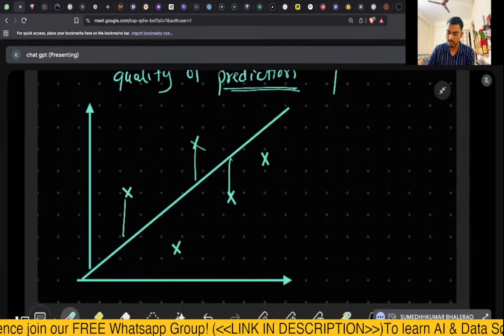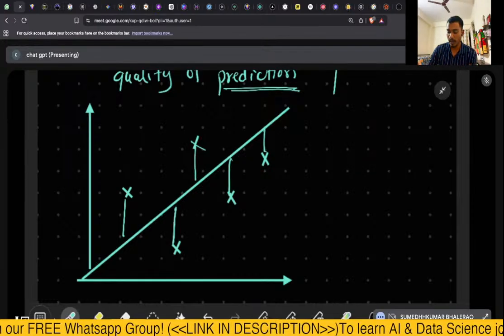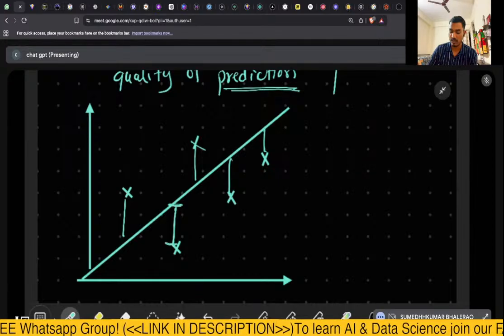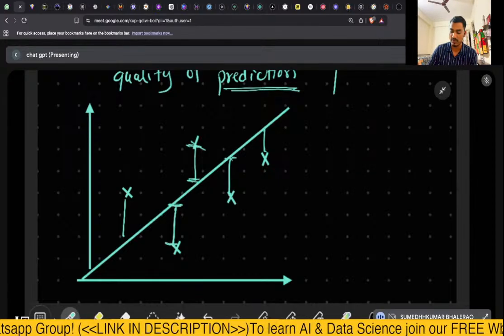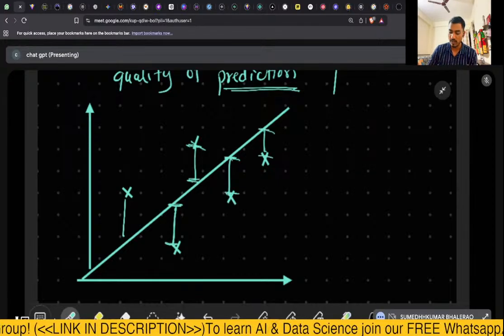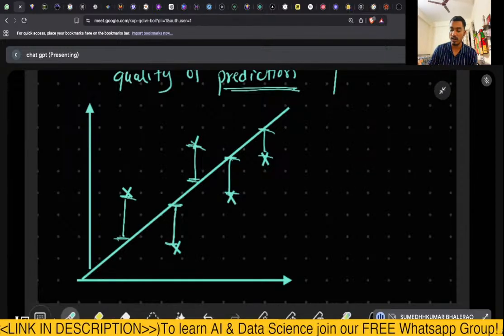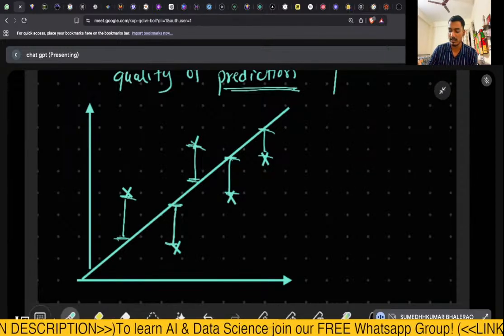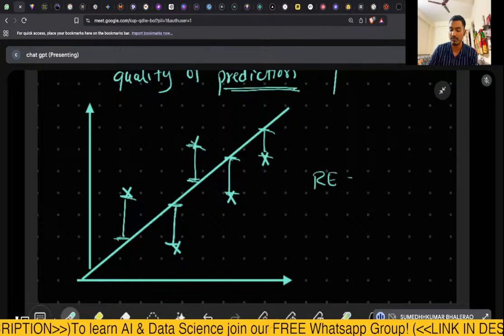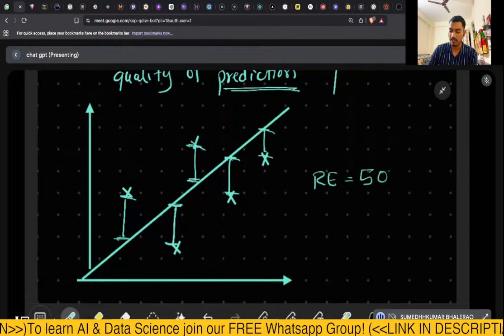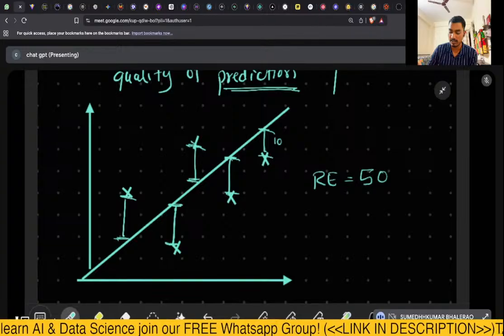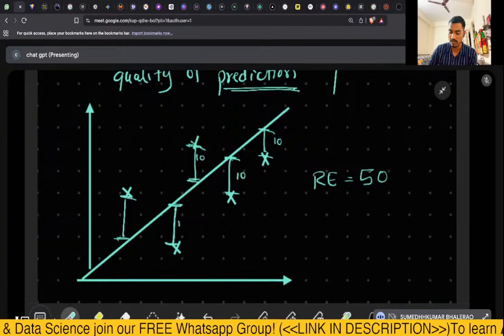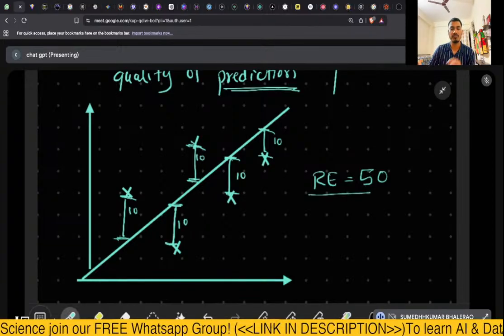If you add all these distances, the residual error equals, for example, 50. Let's say this is 10, this is 10, this is 10, this is 10, this is 10. The residual error is 50.